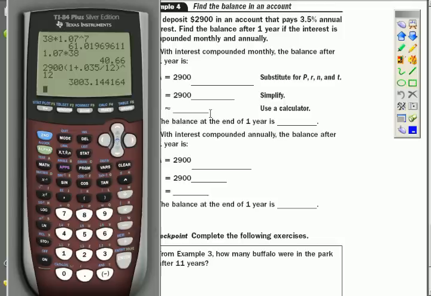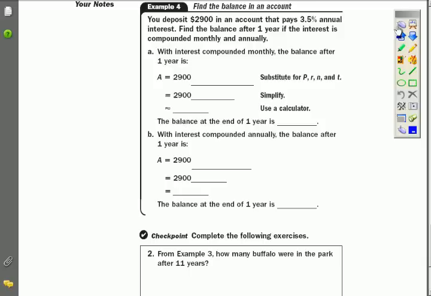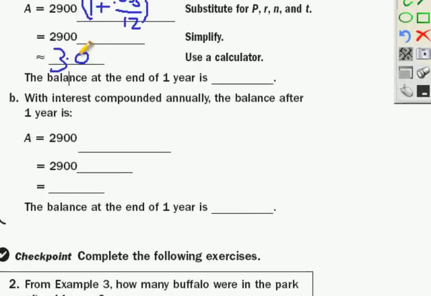Well, that's a pretty good deal. I didn't do anything. I just put my money in the bank, and I made a good chunk of change. So let me come back over here. And I had $3,003 after a year. Pretty good deal.